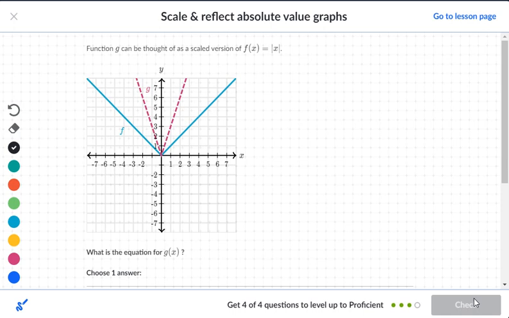Okay, again, we have a function. This is our original function, and this is our new function. Just looking at the graph itself, we see that they're going up. So since it goes up, we know that that first number should be positive. Another thing we notice is that the new function is inside of the original function.